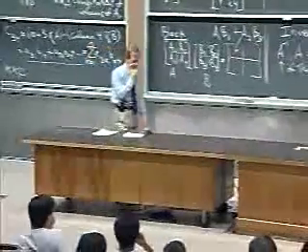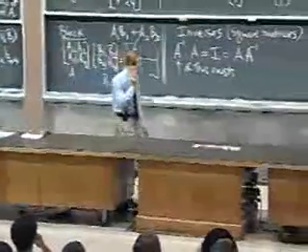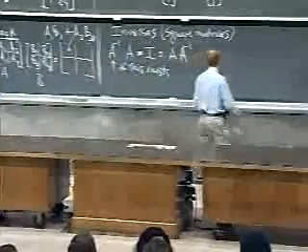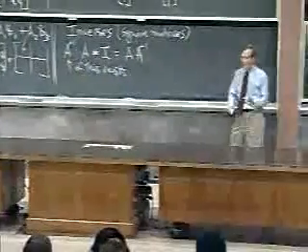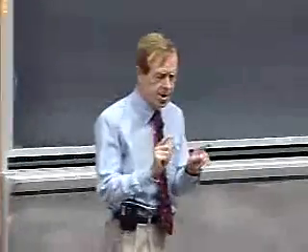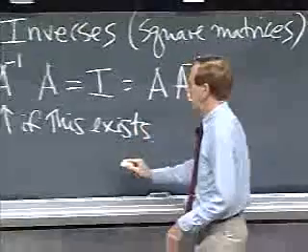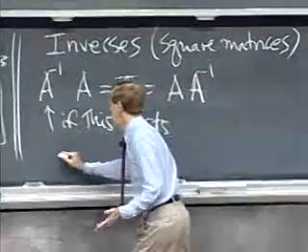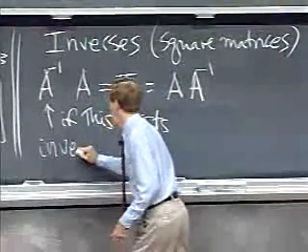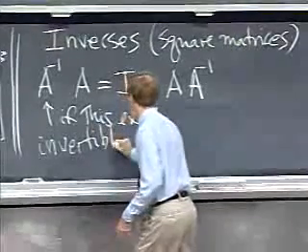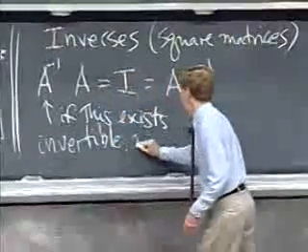If A has an inverse. Okay, so give me some cases. I hate to be negative here, but let's talk about the case with no inverse. These matrices are called invertible or non-singular.